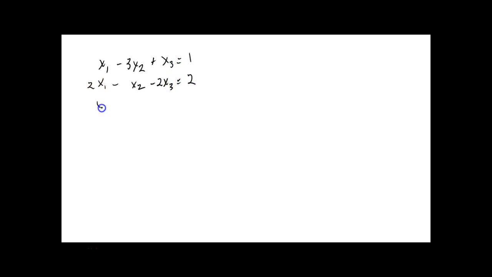And X sub 1 plus 2 X sub 2 minus 3 X sub 3 is equal to minus 1. Three equations, three unknowns. Now your unknowns are x1, x2, x3, not x, y, and z. It doesn't matter what you name them.